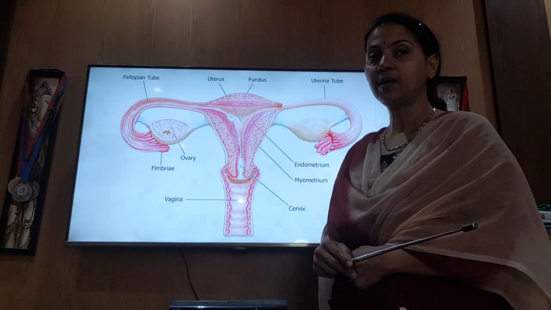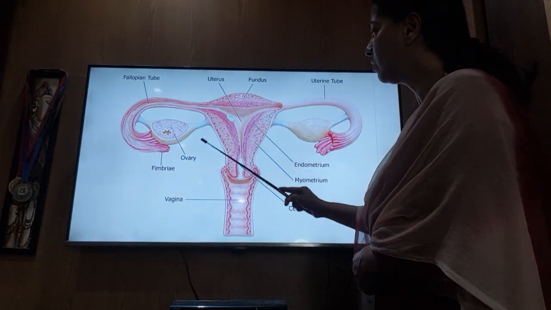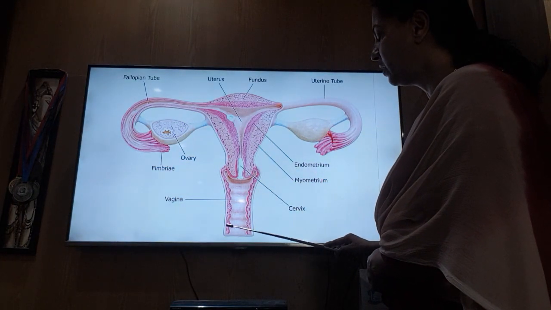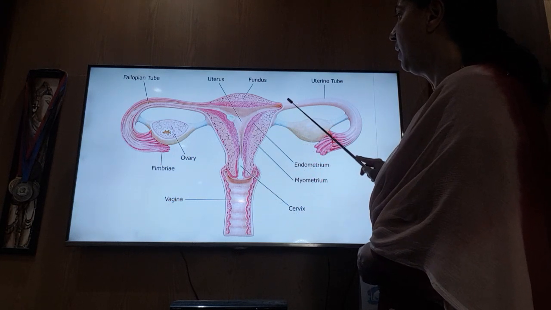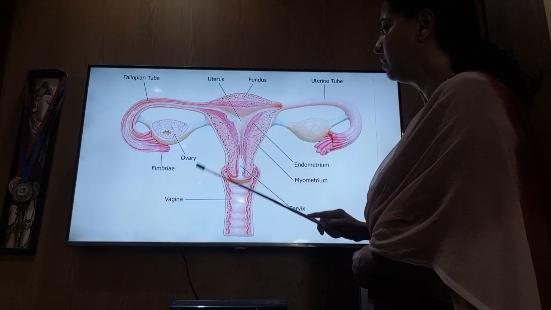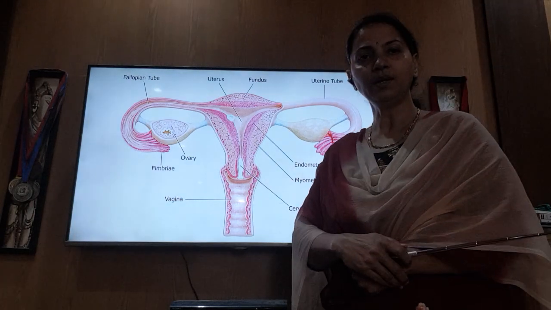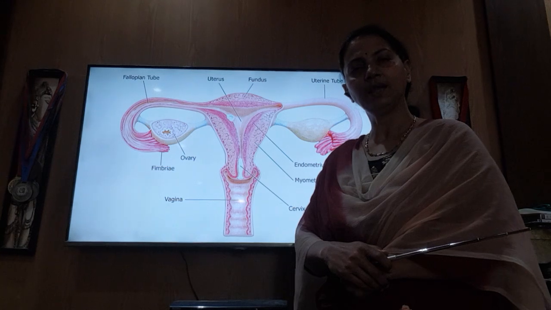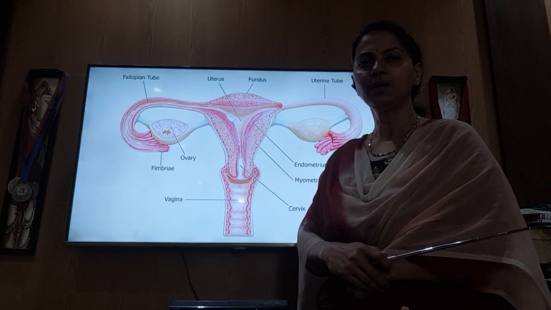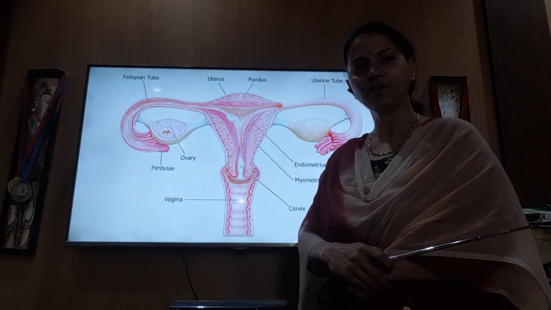Then sometimes uterus is not formed. The vagina is not formed. This whole area is not formed. And that is a very difficult situation which will be discussed later on when we talk about it in embryology.